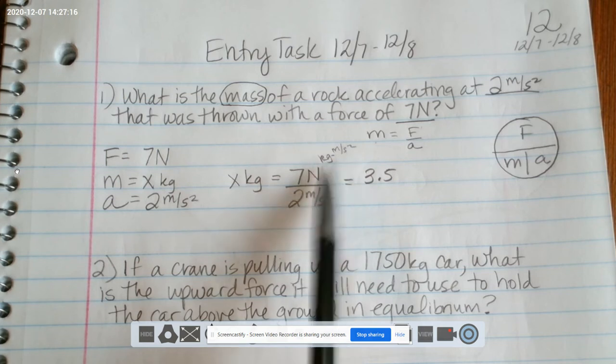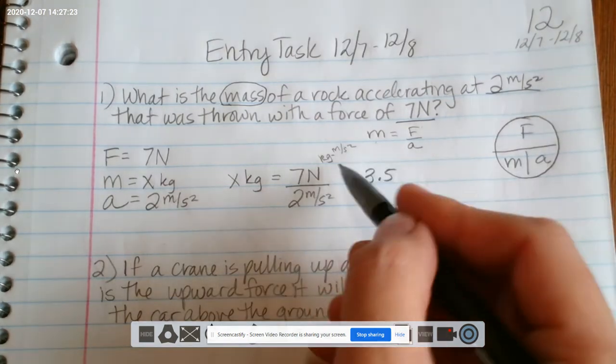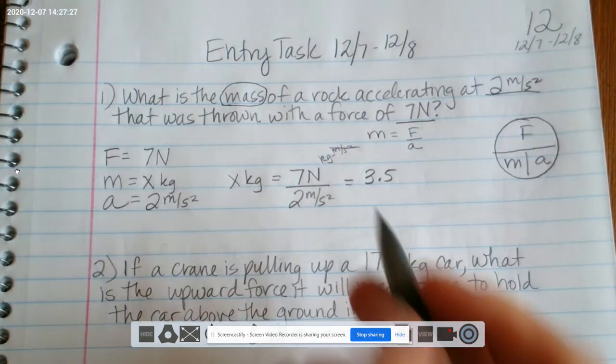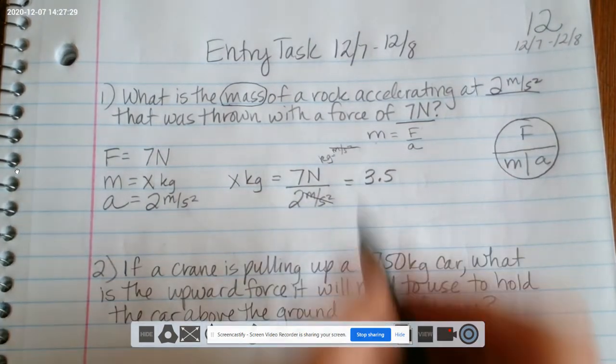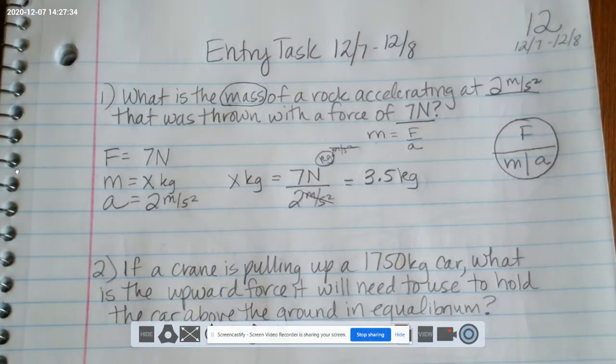So when we break it down, that helps us understand how we get to kilograms in the end. We cancel what's the same on top and bottom. We have meters per second squared on the top and meters per second squared on the bottom. That leaves us with kilograms, which is exactly what we need. And we get 3.5 kilograms as our mass.